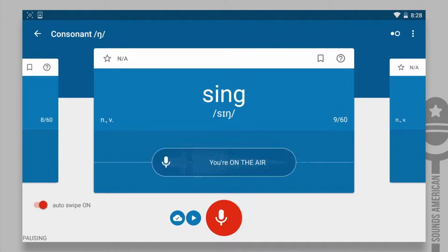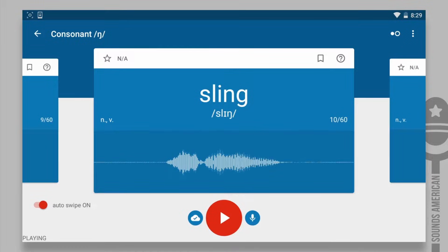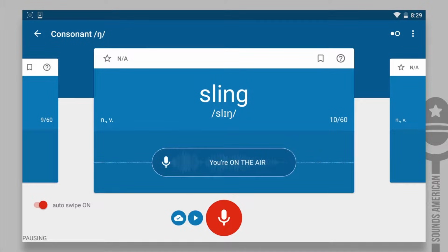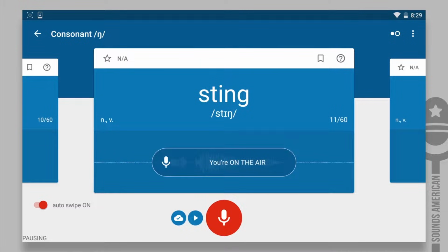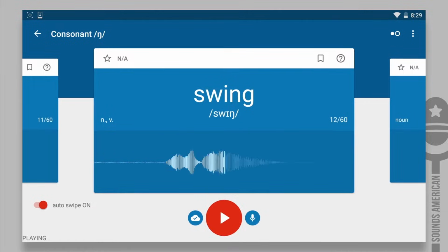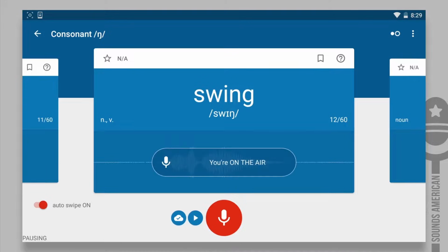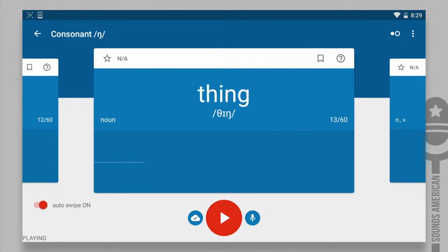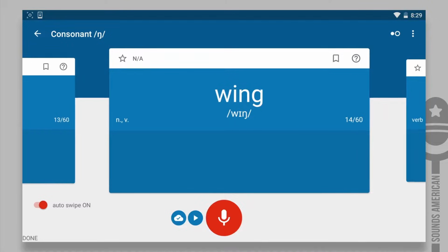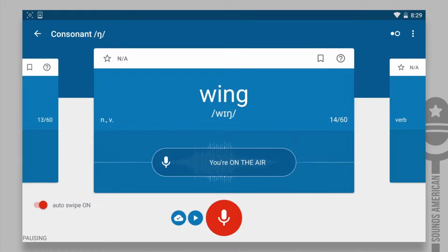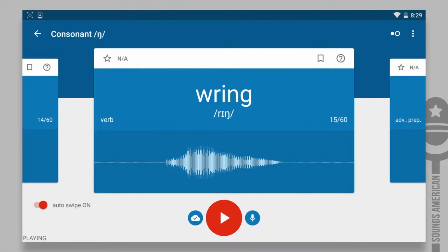Sing. Sling. Sting. Swing. Thing. Wing. Ring.